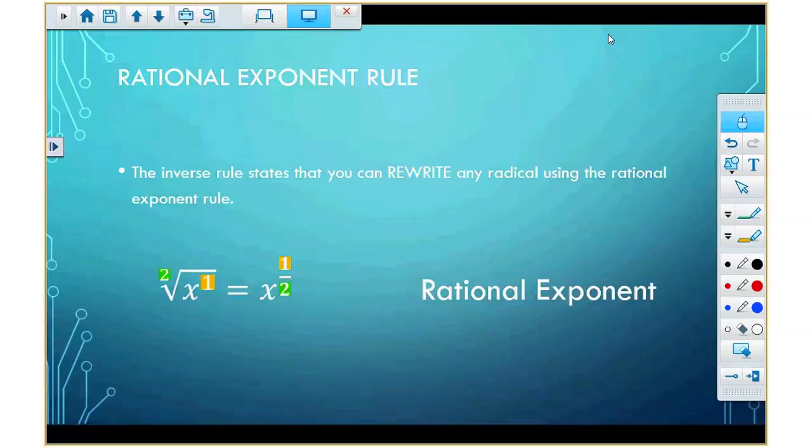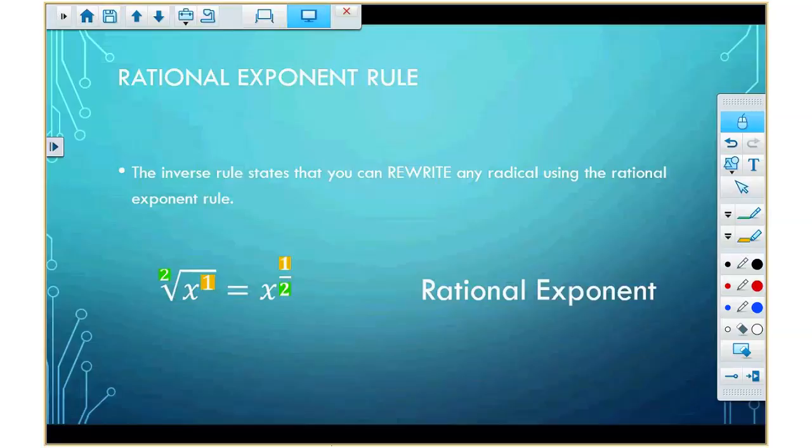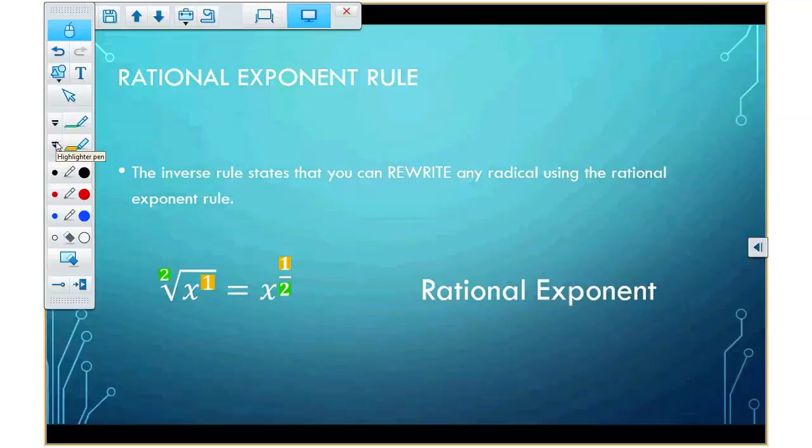What's over what? Well, what is the 1? What is that called? That's an exponent, right? Exponent. Exponent over what?